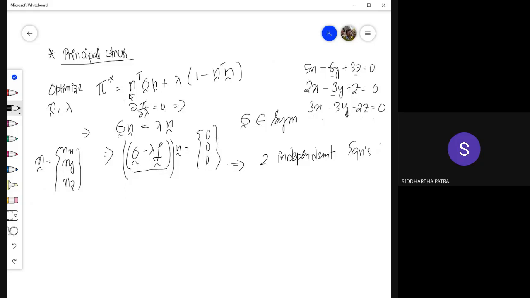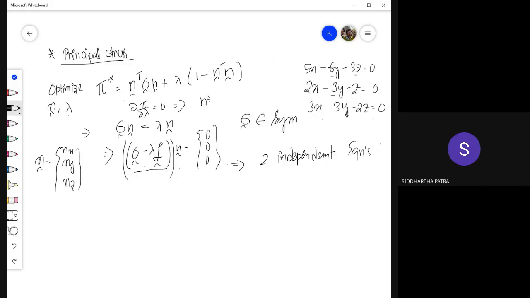That implies you now have four unknowns. Please remember how you found reaction forces. The three equations that you see here are supposed to give you not just nx, ny, and nz, but also lambda. But then there would be four unknowns, and three equations is not sufficient.